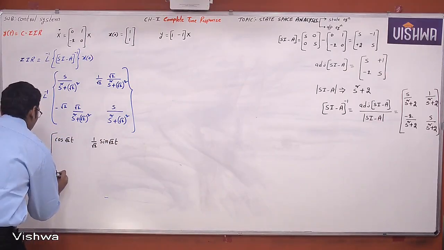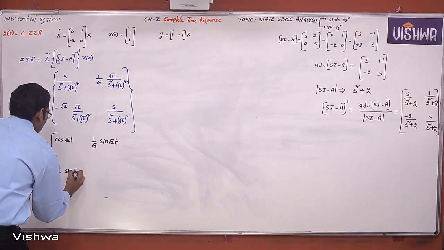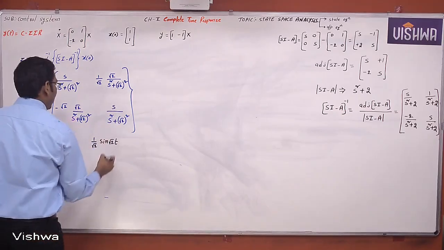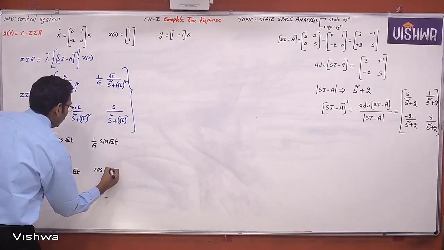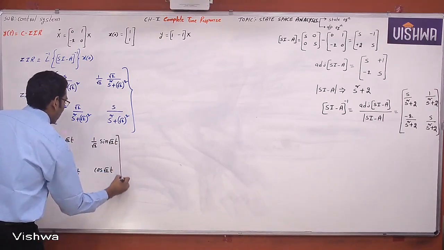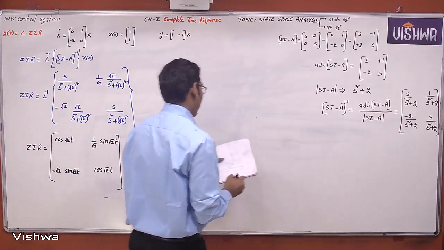This is minus root 2 into sin root 2t, and s by s square plus b square gives cos root 2t. Now this is the zero input response.